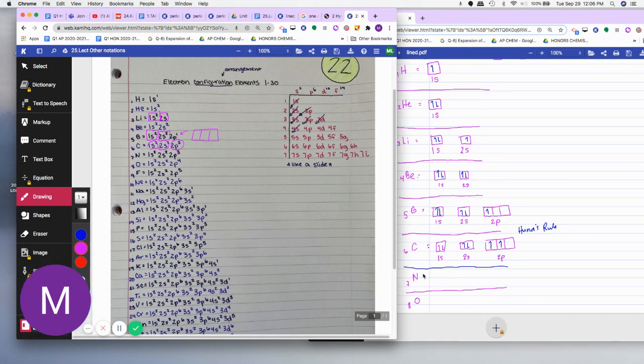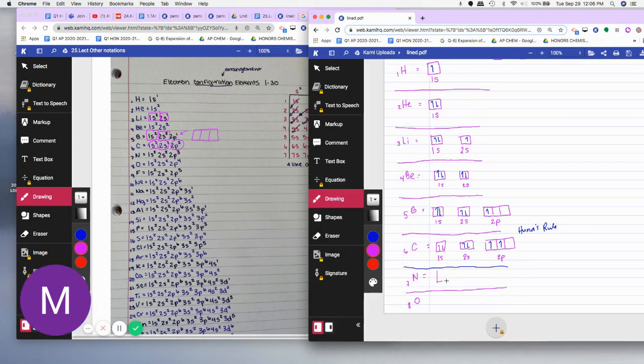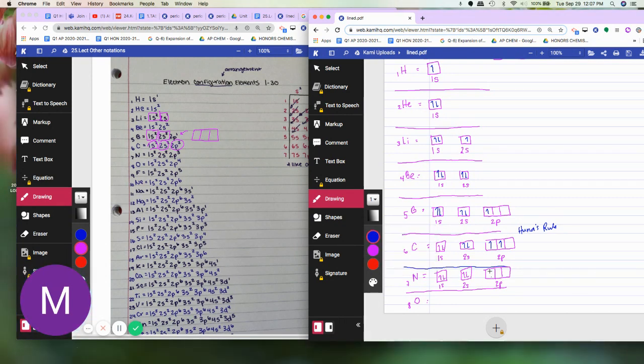Okay, so nitrogen is 1s, 2s, 2p. Okay, so it is 1, 2, 3, 4, 5, 6, 7.